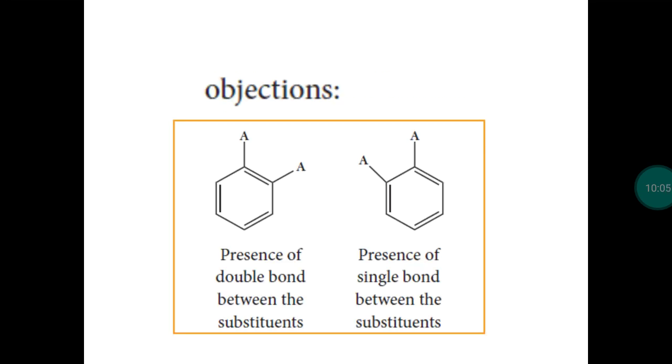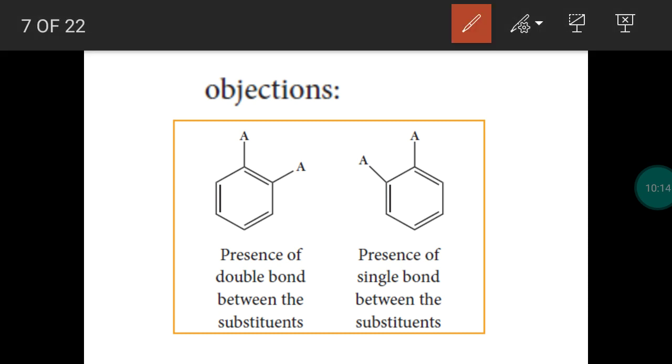For this structure, scientists made two objections. Kekulé proposed two di-substituted structures. Substitution is possible in benzene, so a hydrogen atom of benzene can be replaced by another atom or group. Two hydrogen atoms can be replaced by two other atoms, so we have an ortho di-substituted product.